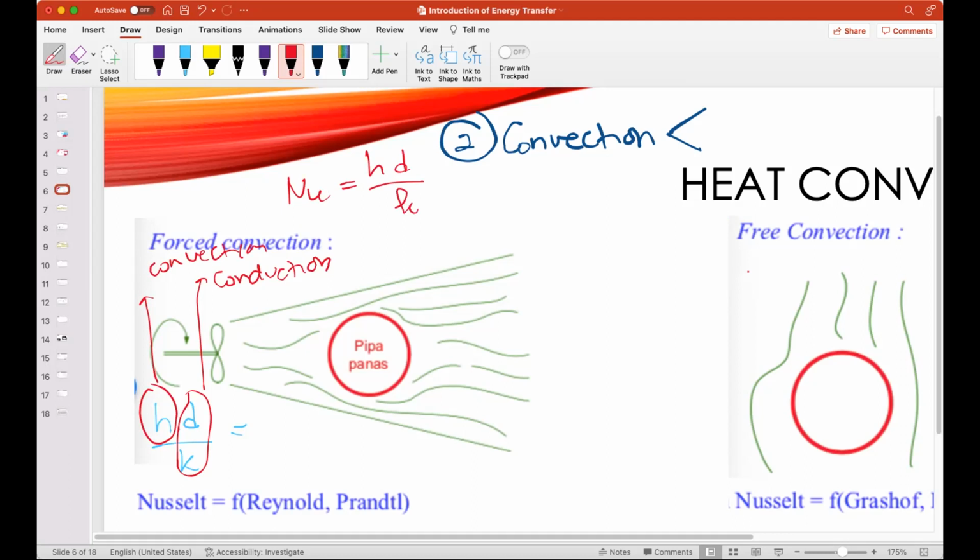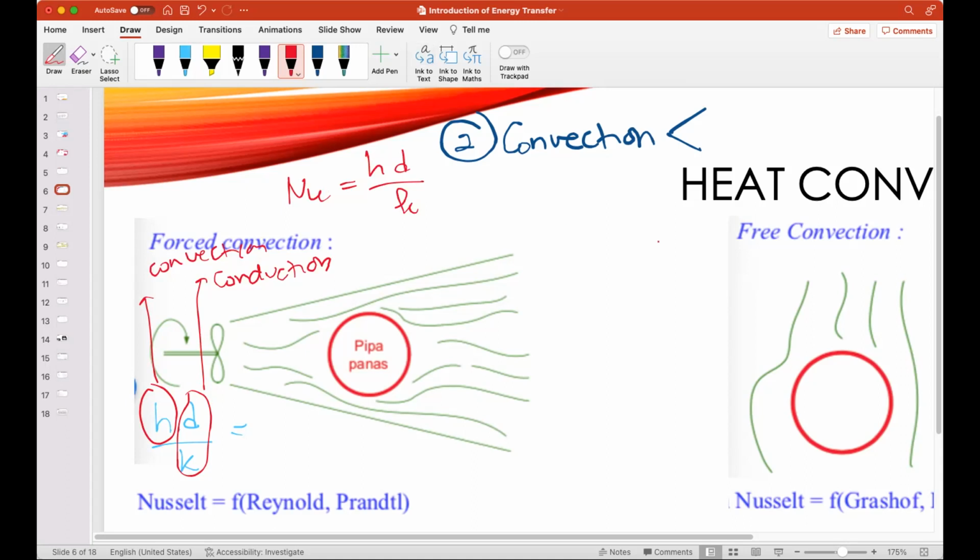If you have a system with a very high velocity, you may have a high convection heat transfer compared to the conductive heat transfer, so your Nusselt number would of course be very high. But if you have a low convection heat transfer compared with the conduction heat transfer, maybe you have a low Nusselt number.